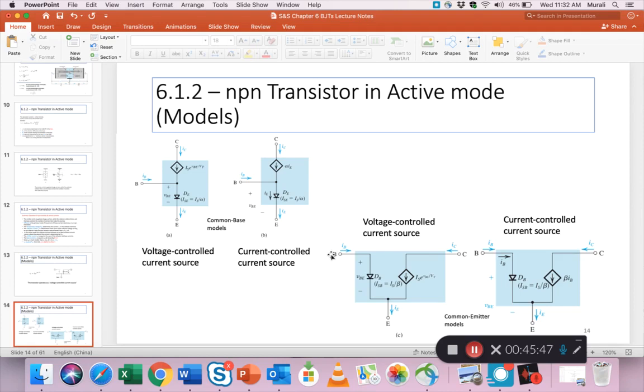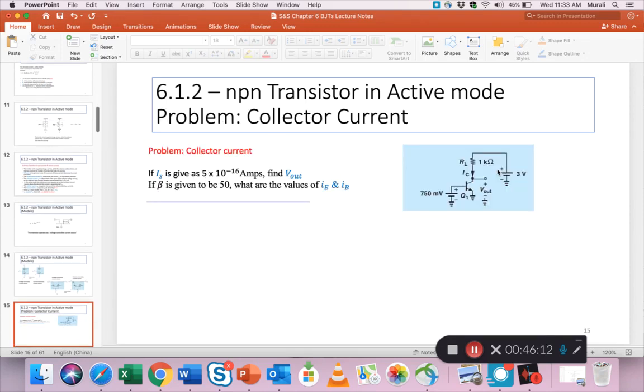In one case, we use the VBE. In the other case, the current, we use either IB or IE, along with the alpha and the beta. As we apply these models, you may become more comfortable. Right now, don't worry too much, but I wanted to introduce them to you.